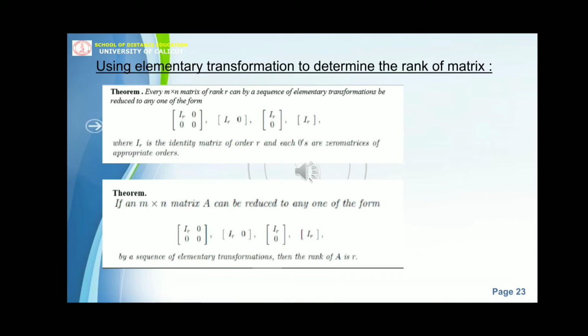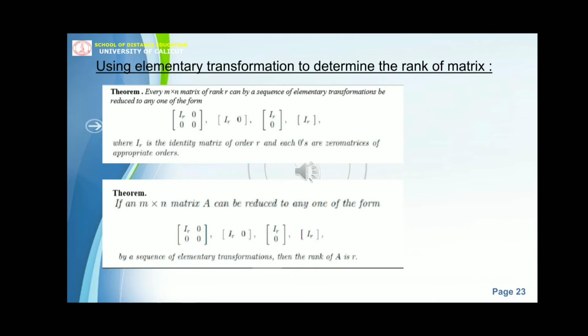We can use elementary transformations to determine the rank of a matrix, and the two theorems stated below show us how. The first theorem states that every m × n matrix, using a sequence of elementary transformations, can be reduced to any one of these four forms, where I_r is the identity matrix of order r and each zero is a zero matrix of appropriate order.